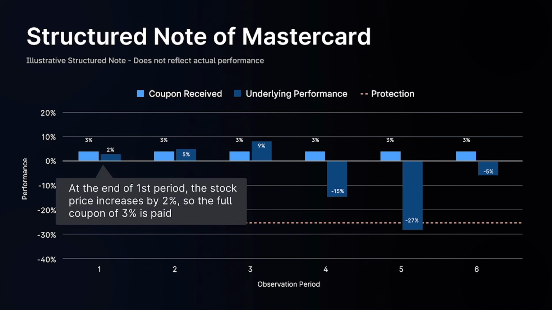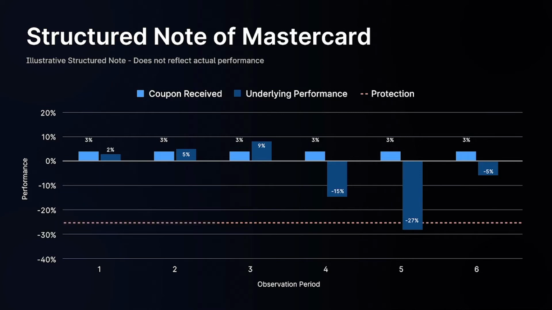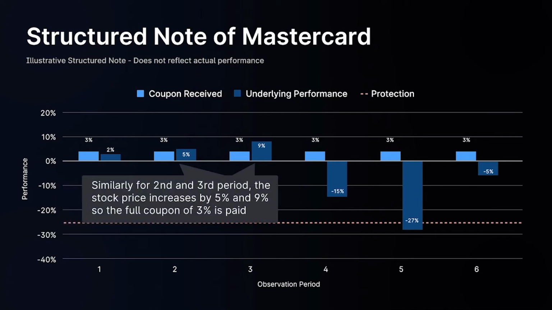At the end of observation period 1, the underlying stock has increased by 2%, which is above the downside protection value, so investors would receive their 3% quarterly coupon for this payment. At the end of observation period 2 and 3, the underlying stock price increased by 5 and 9% respectively from the strike price, which are above the downside protection value, so investors would receive their 3% quarterly coupon for both periods.